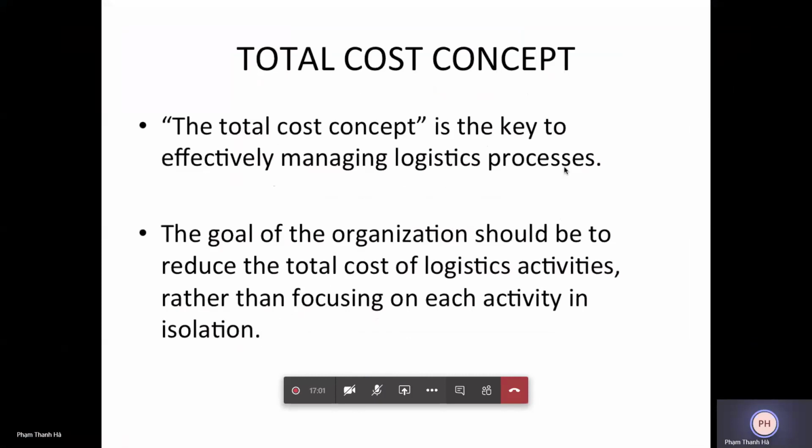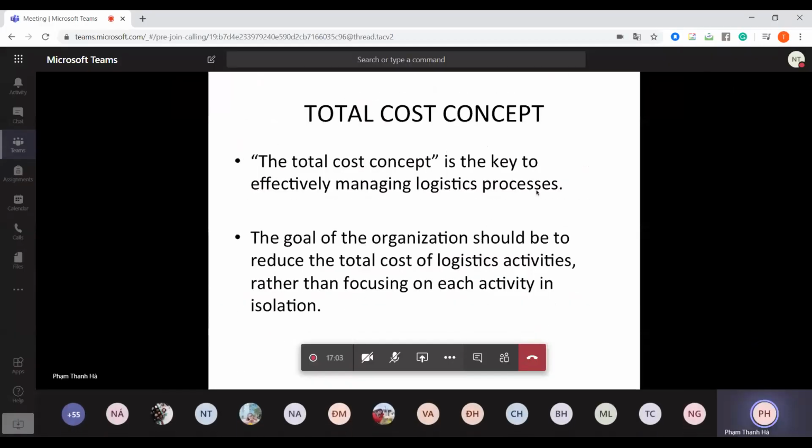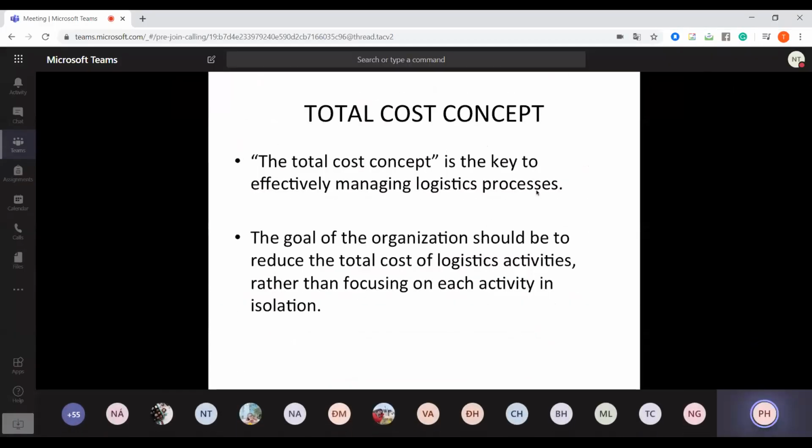And if we want to mention the total logistic cost, you can have two concepts. The first one is national total logistic cost, and the second one is enterprise or firm logistic cost. So of course you have two different ways, or two different formulas, to define the national total logistic cost and also the firm's logistic cost.